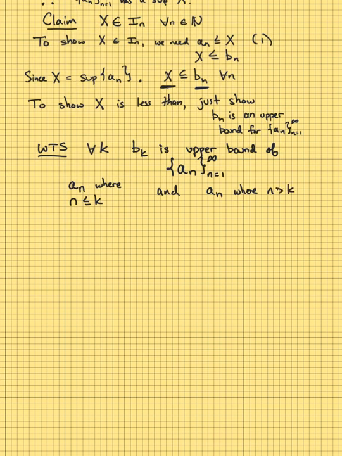Okay, so maybe I'll just redraw the picture here. If I have this sequence of nested intervals, I'm looking at a specific one, b sub k. Well, there's two kind of different cases, right? There's either the a sub n's which lie before it, and then the a sub n's that lie after it in the sequence. Okay, so what about the first one? Oh, sorry, I switched my k's and my n's. So this is b sub k and a sub n.